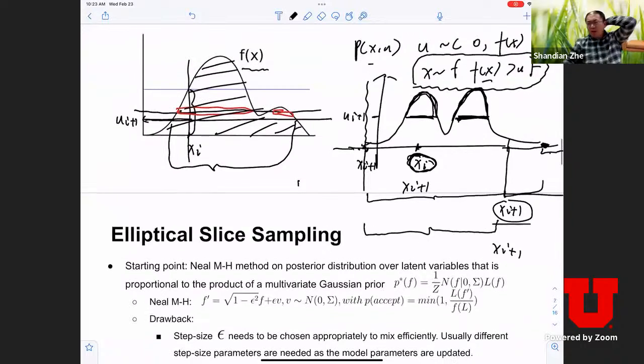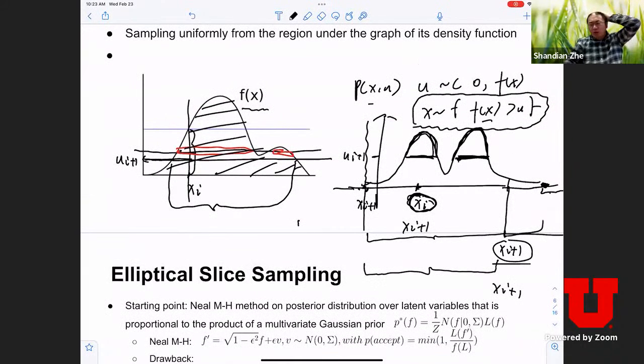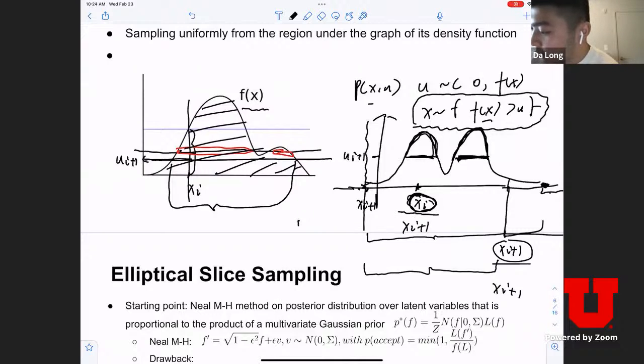So this is the shrinkage trick. There's a problem here. Actually, you don't know whether you're going to discard the region on the left or on the right, right? You can decide, because you always know the new sample is to the left or to the right of the current sample, and the current sample must be in the valid region. So you can decide to discard the left or the right.